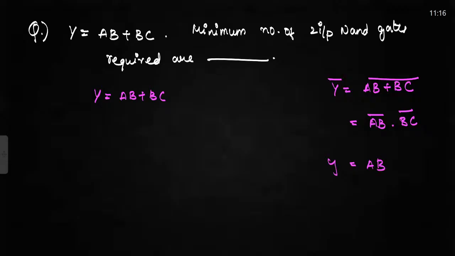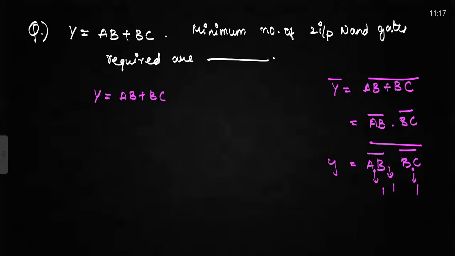In order to take the complement, I need to apply complement again, right? Then these two complements will get cancelled. All you require is one AND gate for this one, AND gate for this one, and AND gate for both of them.